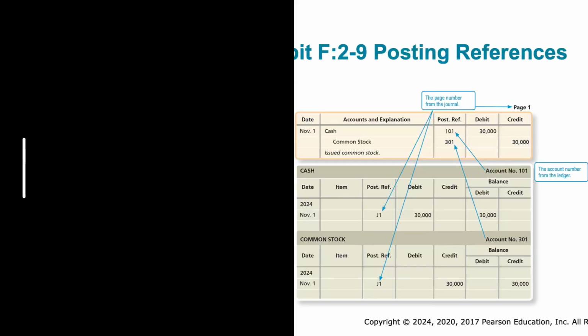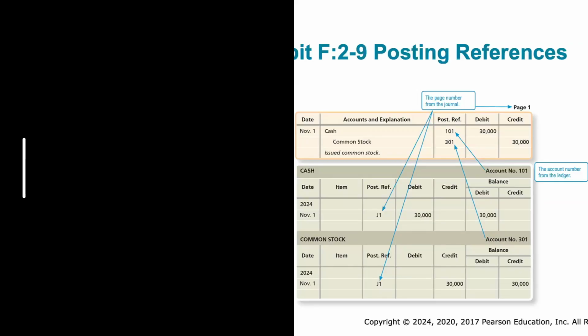Posting reference. That is something else in the 4 column, right? When we post in the journal entries, every time we take the journal entry in the general journal and we post it to the ledger, 4 column ledger, we reference where we got that entry, right? So as you can see, when we post cash to the ledger, our posting reference is the ledger account 101.